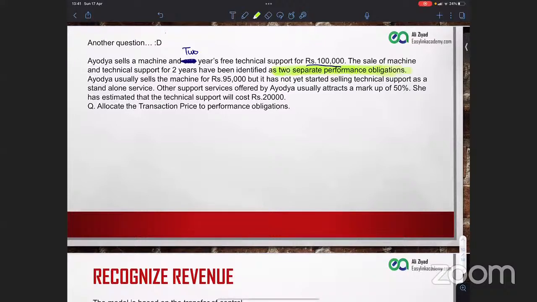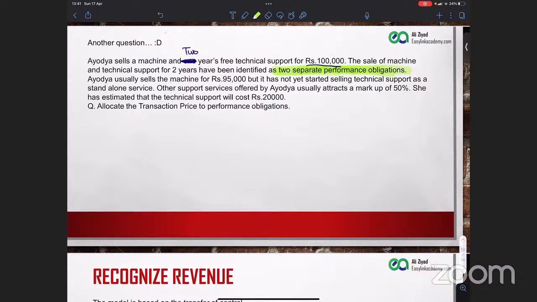Does Ayodhya sell the machine separately and technical support service separately? Yes, that's right, guys. She does sell these separately. That's why they are telling us these are separate performance obligations.